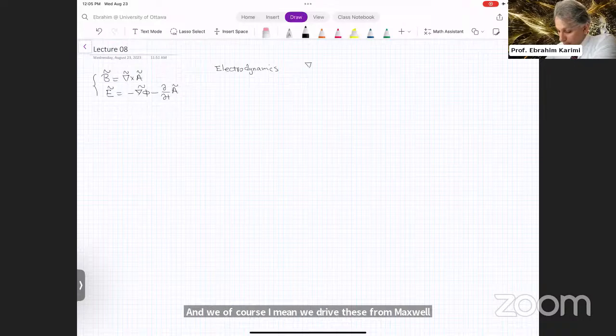So if you take the divergence of B, which is the divergence of a curl, that is equal to 0.